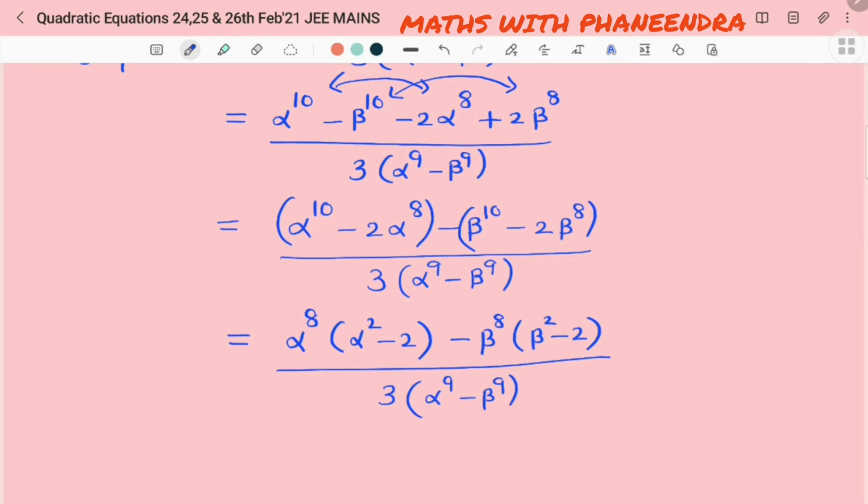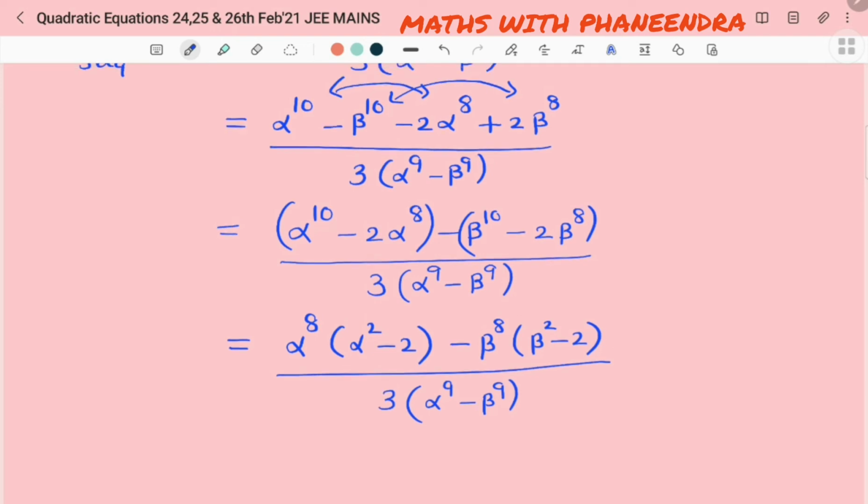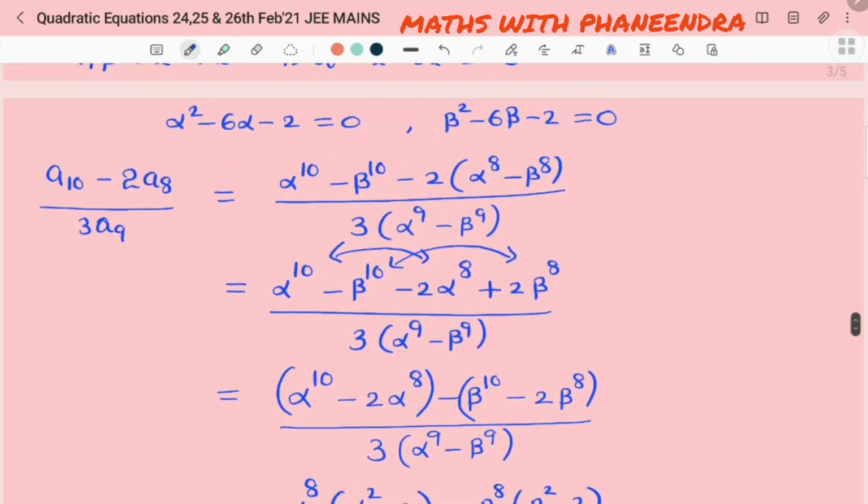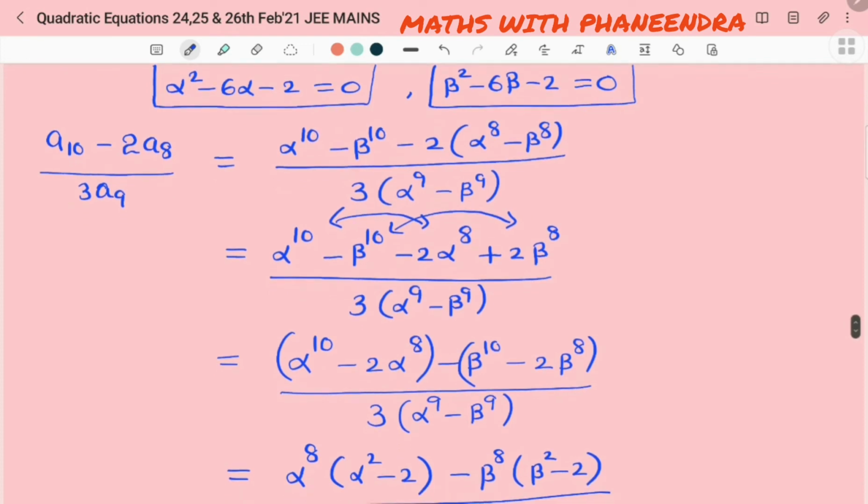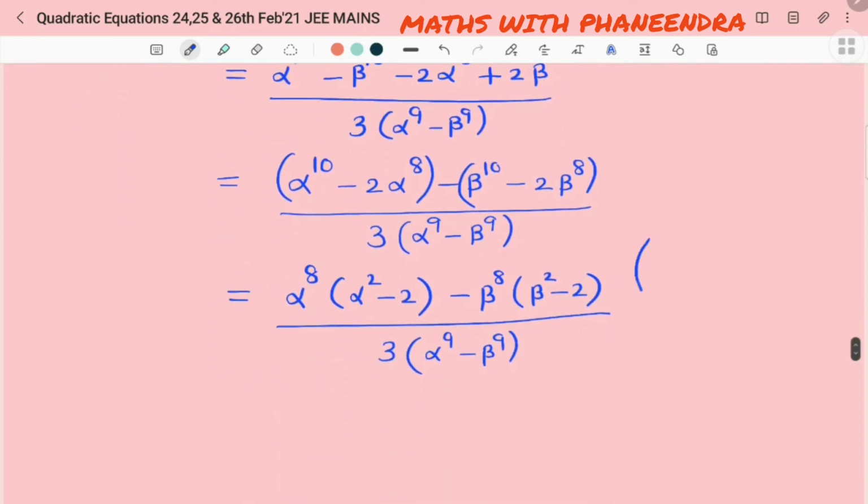In place of alpha square minus 2, observe carefully dear students, here we have this value now. Alpha square minus 6 alpha minus 2 equal to 0, it is there.